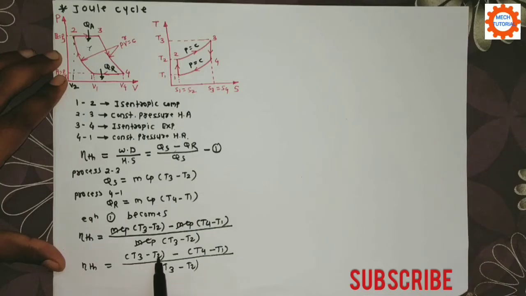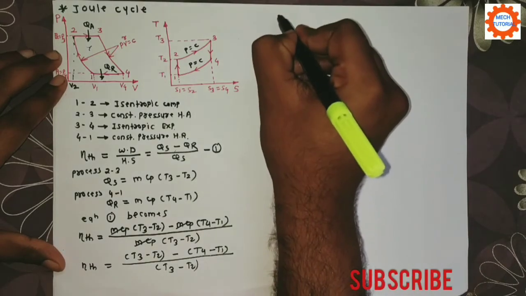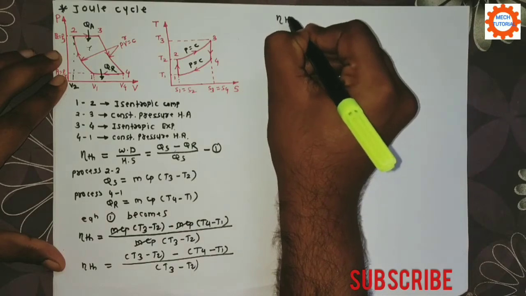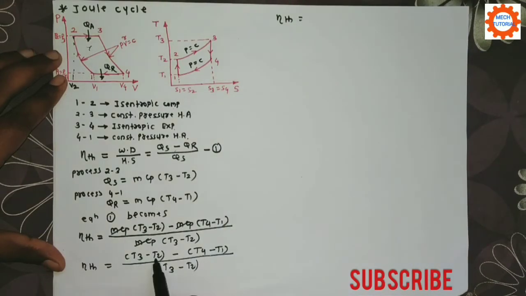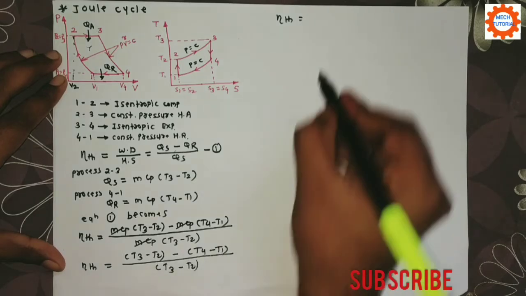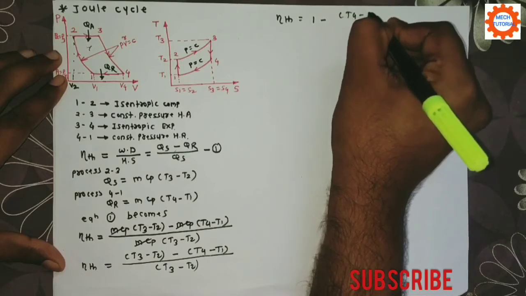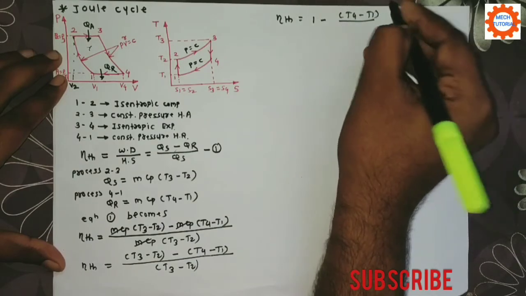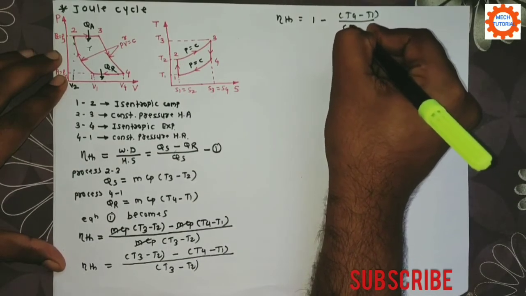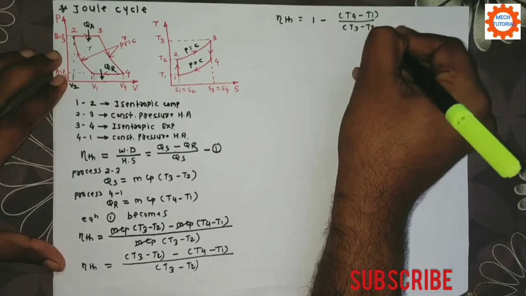Here T3 minus T2 we can take as common, so the equation becomes: T3 minus T2 divided by T3 minus T2 gets cancelled, so remaining is 1 minus (T4 minus T1) divided by (T3 minus T2).